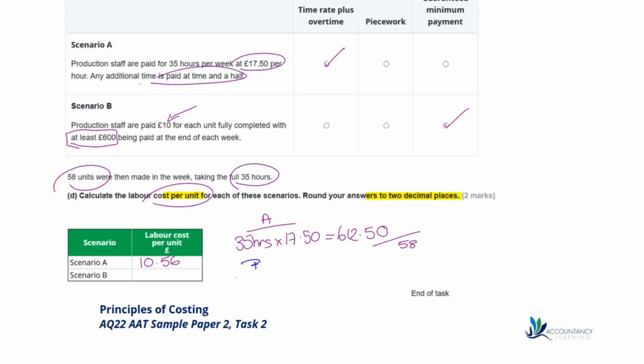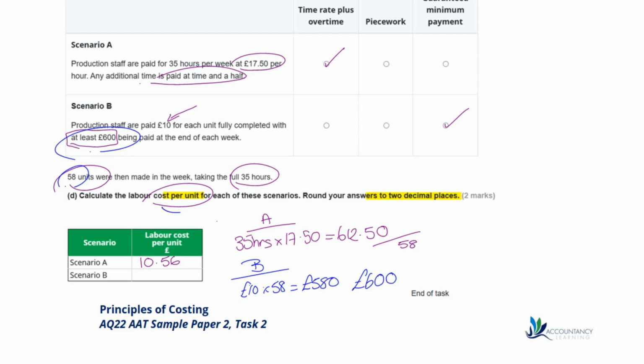Now under scenario B, we're told that they're paid £10 for each unit. We know 58 units were made, which would give them £580. However, they are guaranteed at least 600, so they're actually going to get £600.